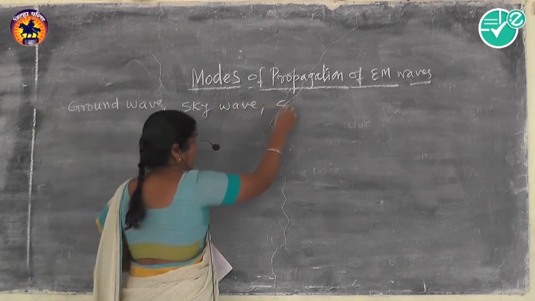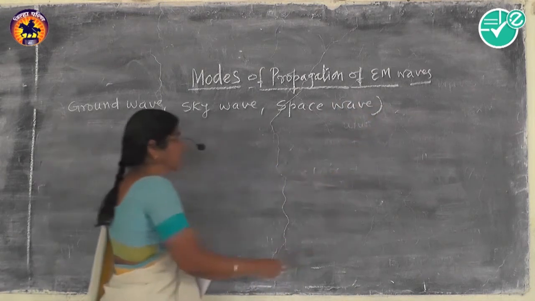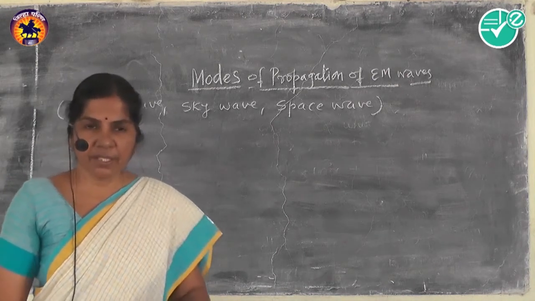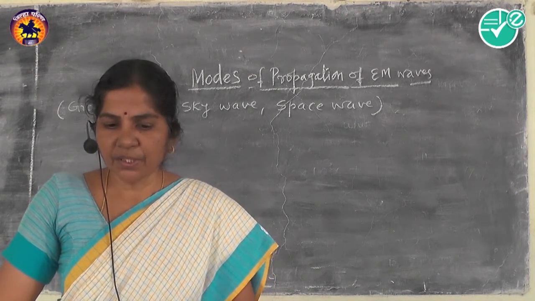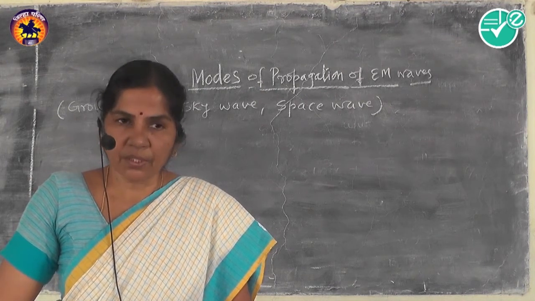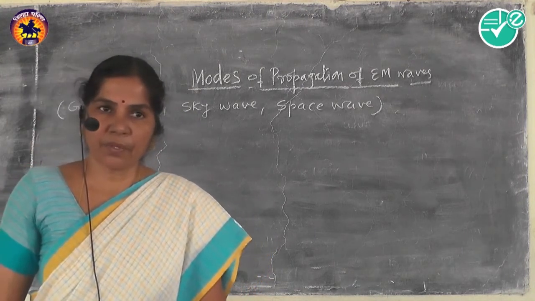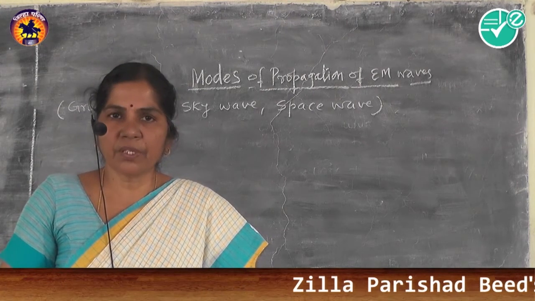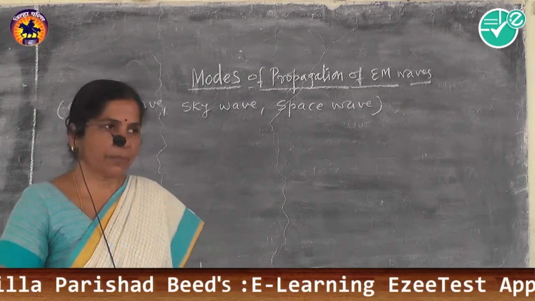And third one is known as space wave propagation. The propagation type depends on the frequency range of the wave, also on the purpose for which it is used, and the system or the mechanical or instrumental setup which is used for that propagation. These all will be of much importance while we consider the different types of propagation.